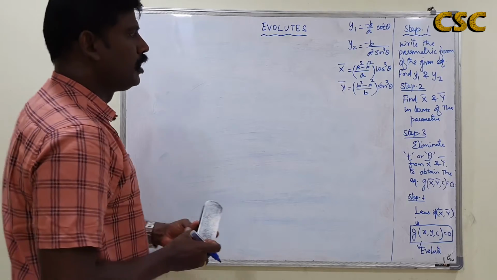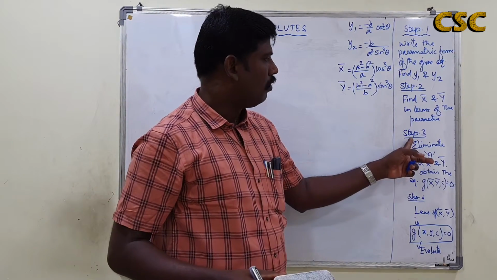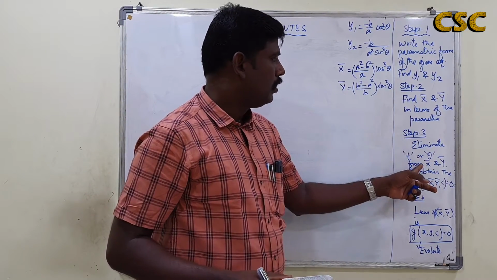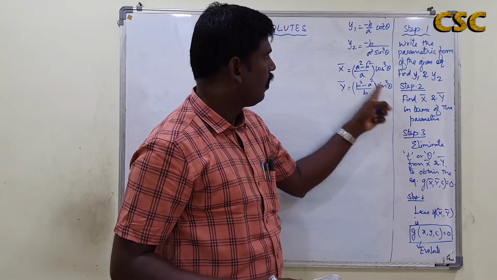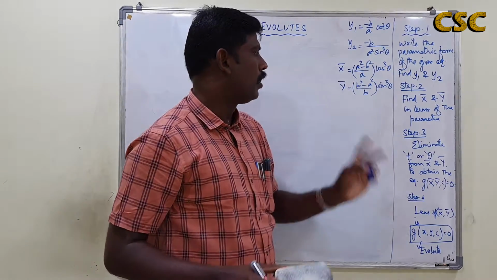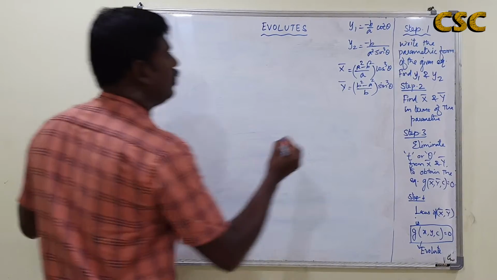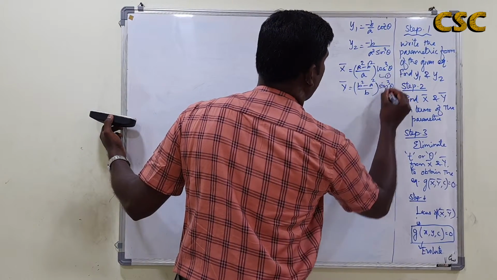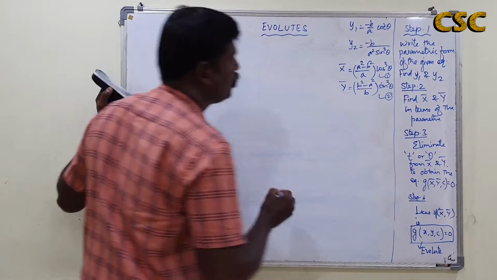And then step 3. And what will we do in step 3? Eliminating the parameter theta from x bar and y bar. Okay, right? How to eliminate it? We call them equation number 1 and equation number 2.